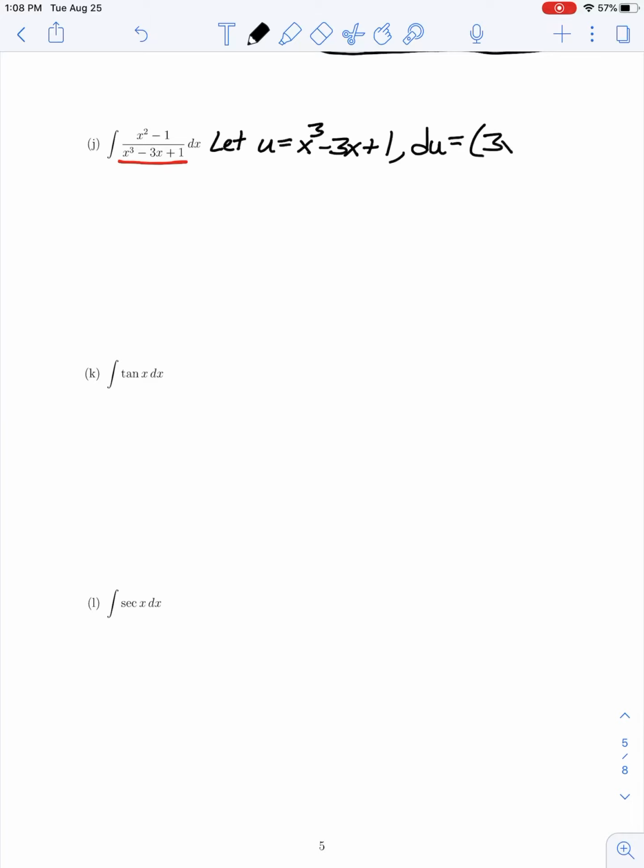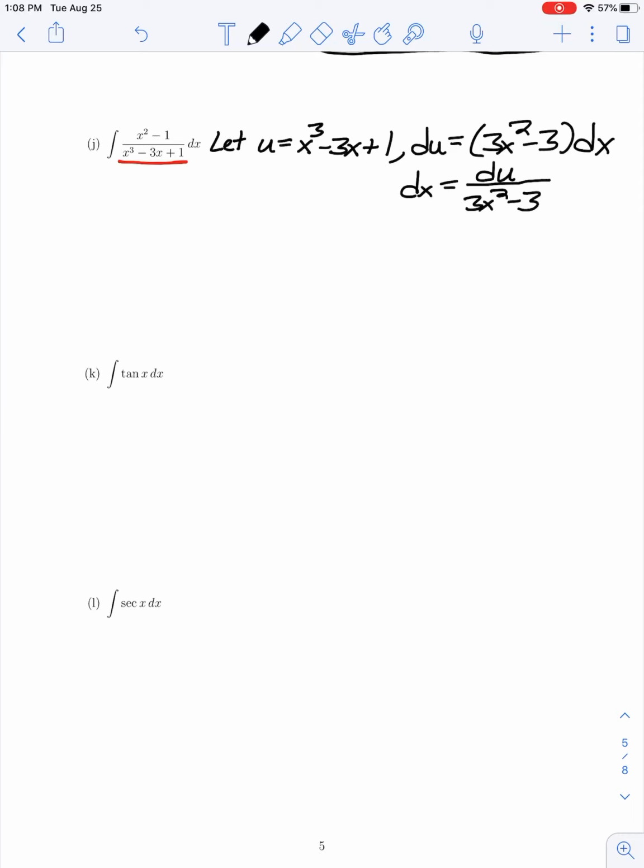Here we would have du equals 3x squared minus 3 times dx. And so solving for dx, we would have du over 3x squared minus 3.